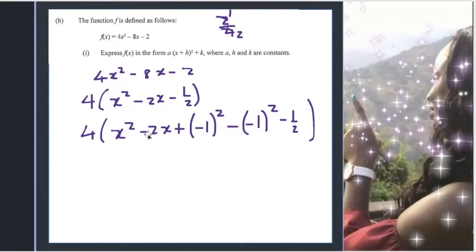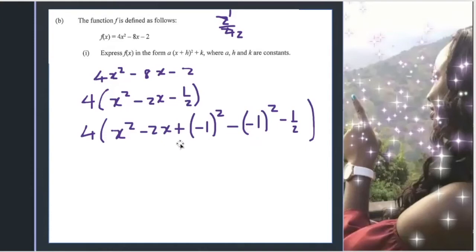So if you think of what is half of this number, half of 2 is 1. Or you just multiply this by a half. Split 2 in 2 halves, it gives you 1. But because of the sign that's here, that's why I have minus 1. So it's plus minus 1 all square, subtraction, then minus 1 all square.